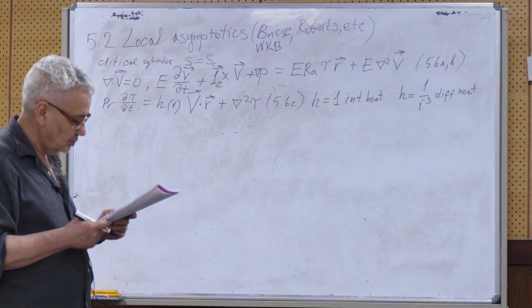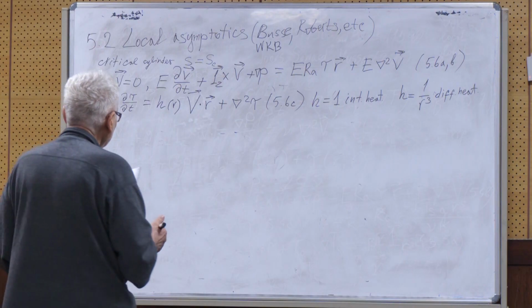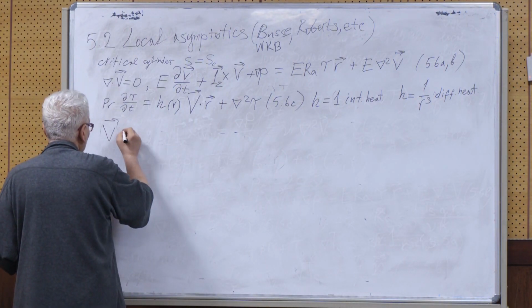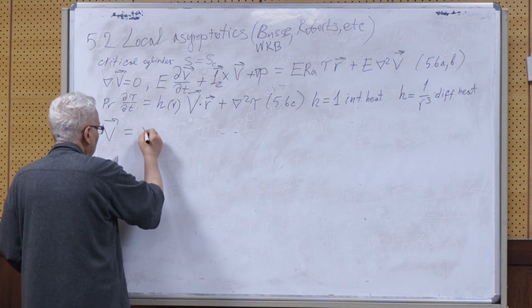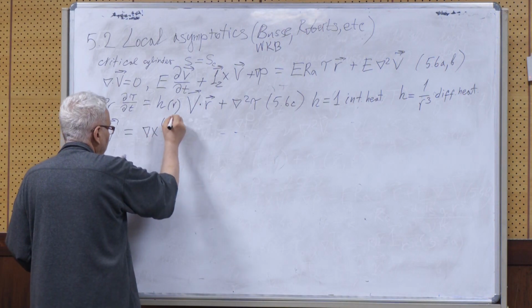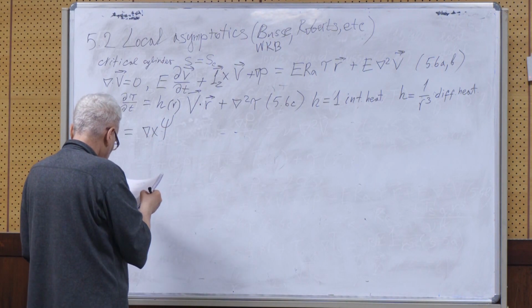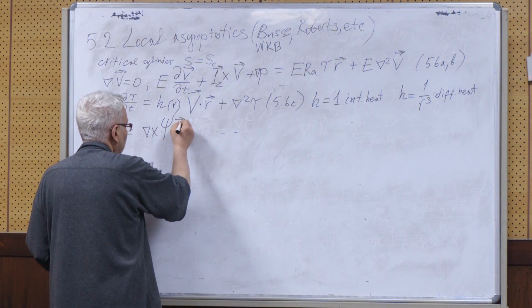So to begin the small Ekman number asymptotic analysis, we said the following, that V is just equal to rotor of Psi and the unit vector in the z direction.